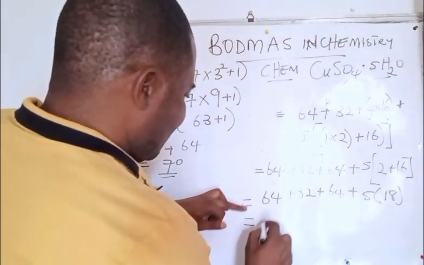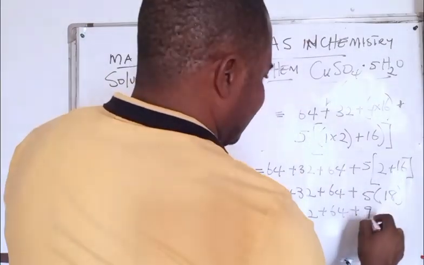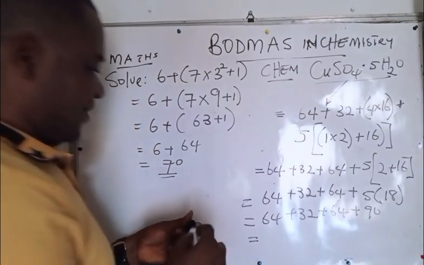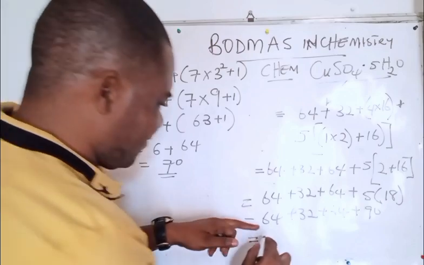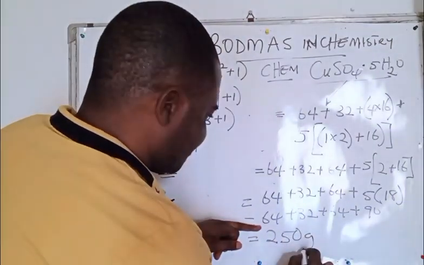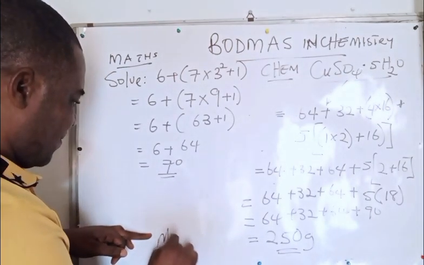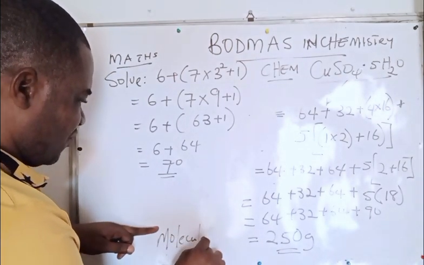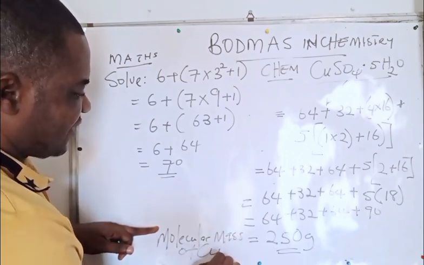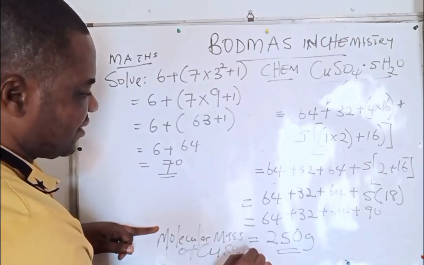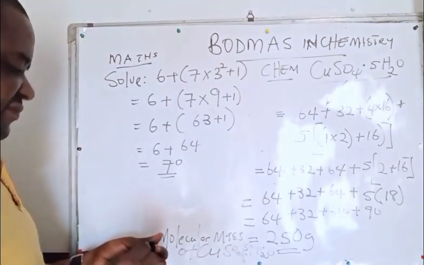And this means that we can have 64 plus 32 plus 64 plus 90. And when we add 64 plus 32 plus 64 plus 90, we should have 250 grams. That means this value is the molecular mass of hydrated copper sulfate.